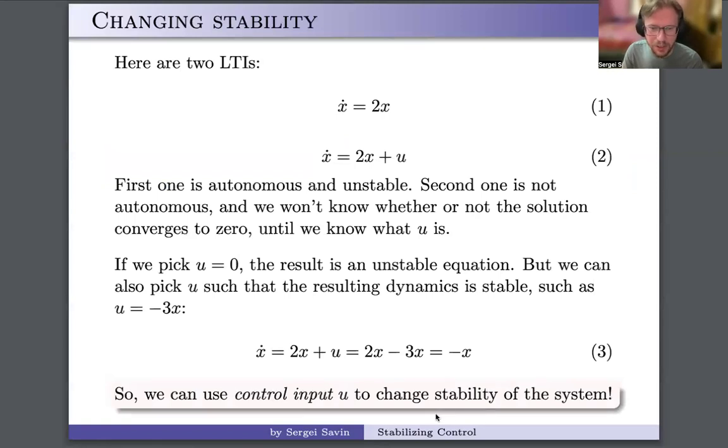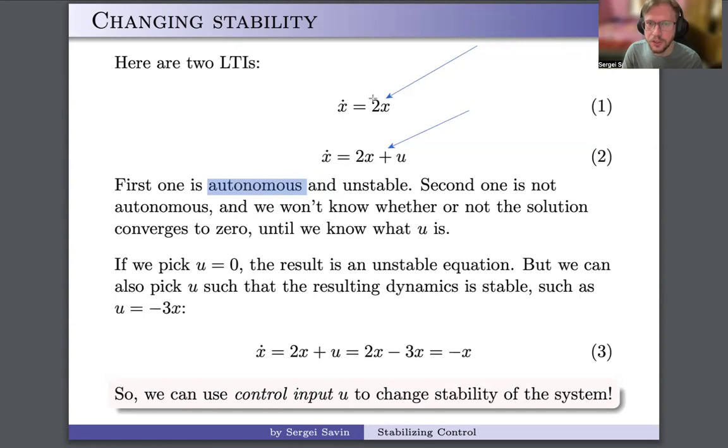So let us start by considering two different LTIs, two different systems that we can work with. Here is one system, x dot equals x. Here is another system, x dot equals x plus u, right? So the first one is autonomous.